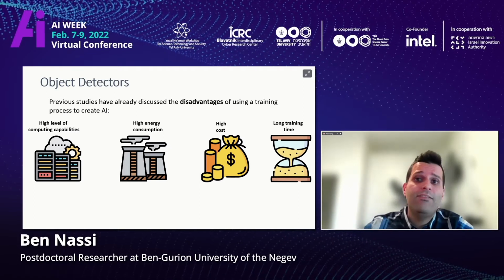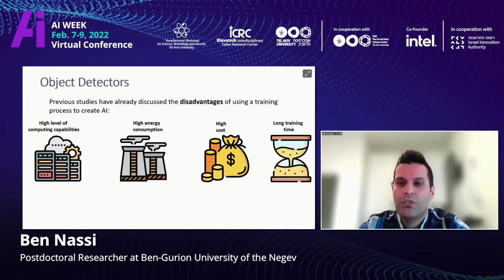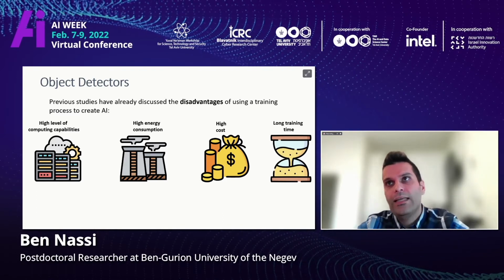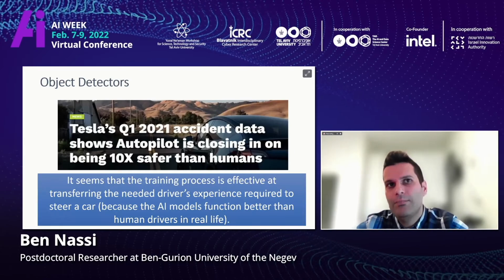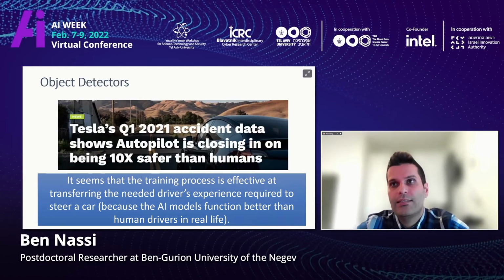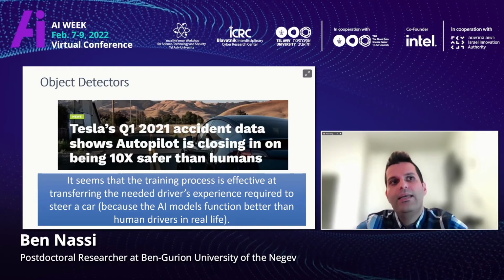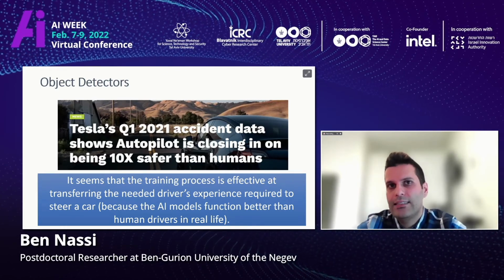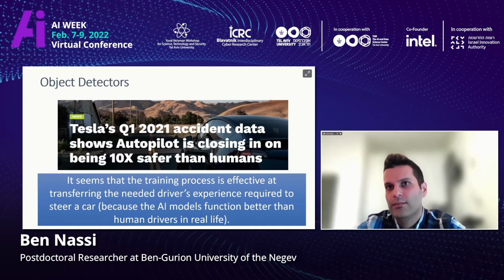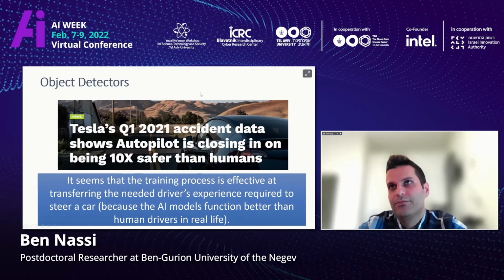They discussed the high level of computing capabilities, the high energy consumption, the high cost and the long training time. But it seems that the training process is effective at transferring the driver's experience required to steer a car, because as you can see, the statistics show that AI models function better than human drivers in real life.